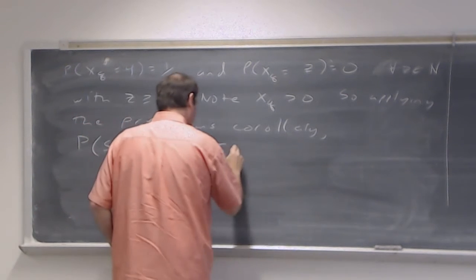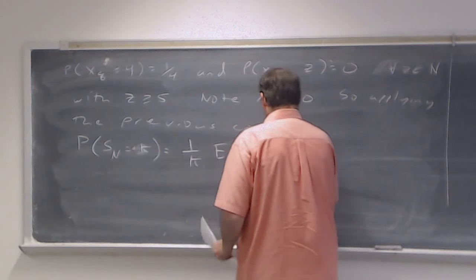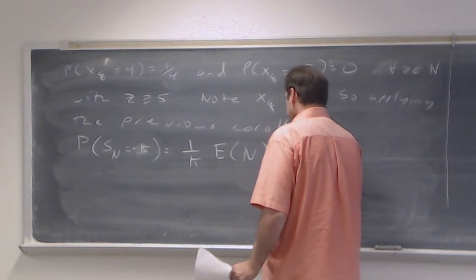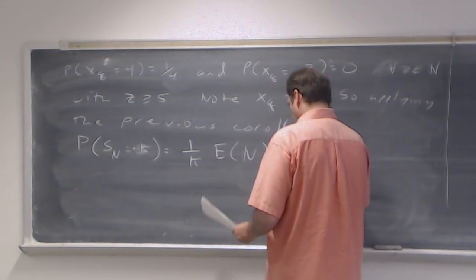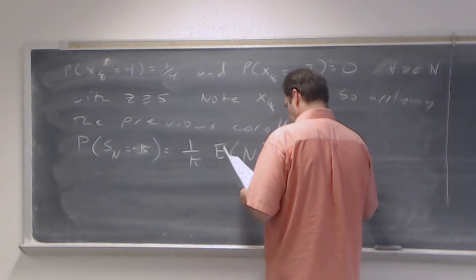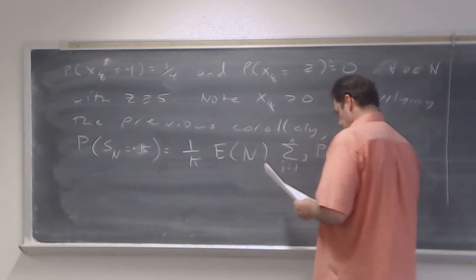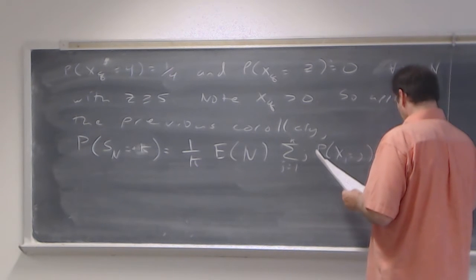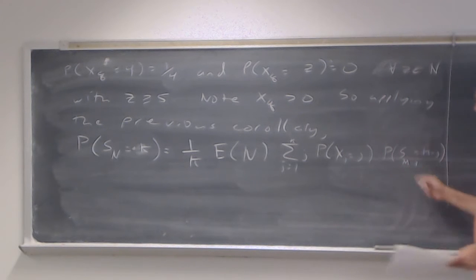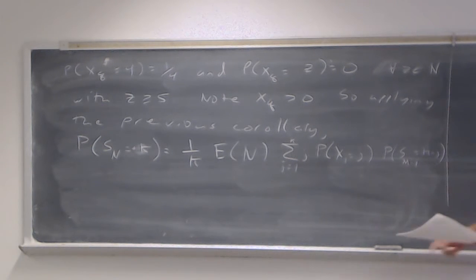It's 1 over k, the expected value of N, times the sum, we're going to use this a lot, as j runs from 1 to k, of j times the probability that X of 1 equals j, times the probability that S of M sub 1 equals k minus j, and remember that M had that special quality, that special relationship in terms of its probability that M is equal to a little n, related to big N.